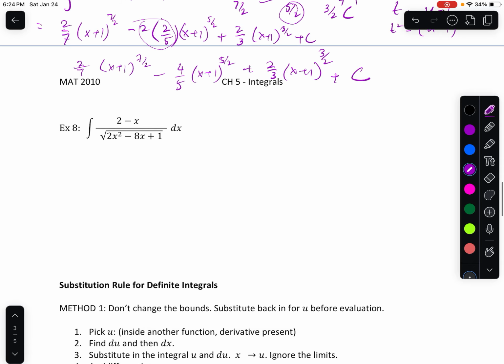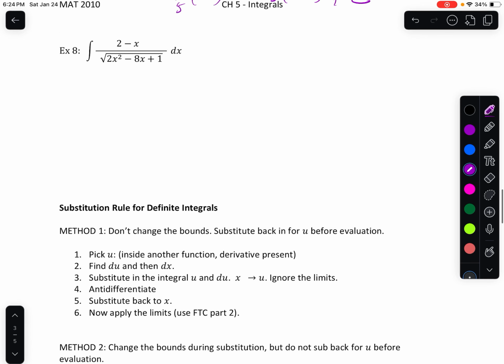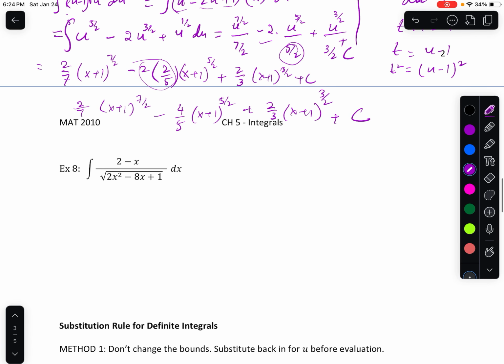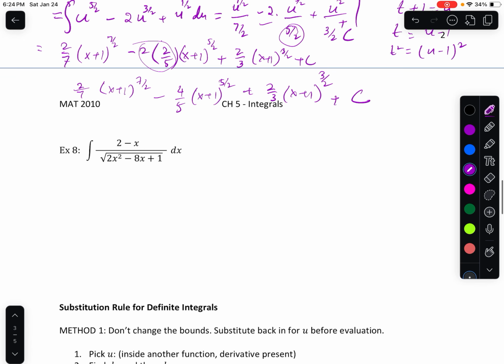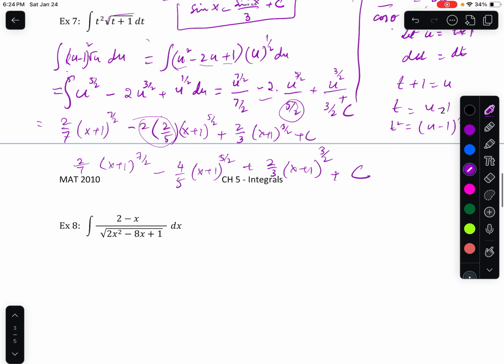So again, you see, I have no idea what to pick for u or what these things are. But what is our tip to pick u? The tip is u should be inside some function, inside some quantity, and also the derivative of u should be there.